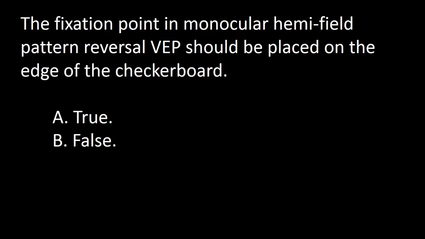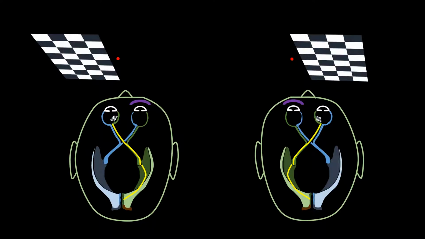Next question. The fixation point in monocular Hemifield pattern reversal visual evoked potentials should be placed on the edge of the checkerboard. A true, B false. The fixation point for half field stimulation should be displaced away from the inner edge of the pattern into the non-stimulated area.